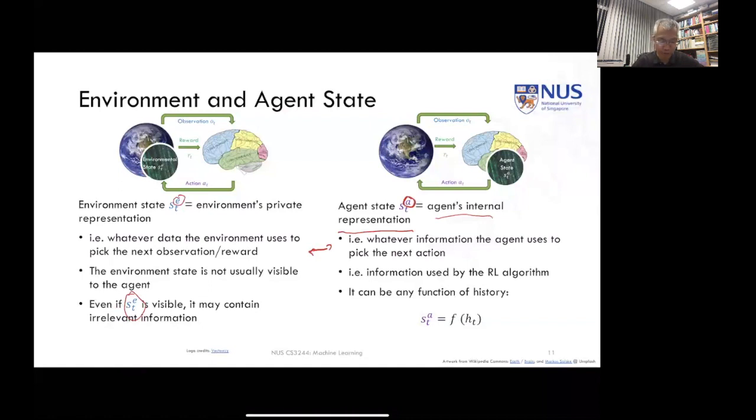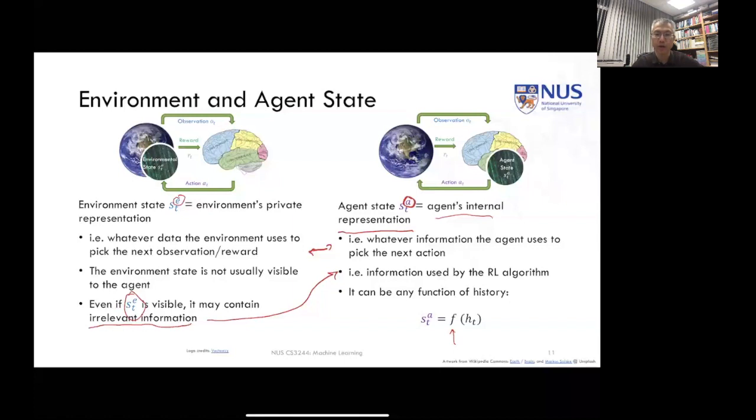So for example, even though the state of the environment may contain irrelevant information, we would discard that and just use a subset of that for the information used by the RL algorithm to determine what the next action is. Now, of course, it can be any function of history, as we talked about before.